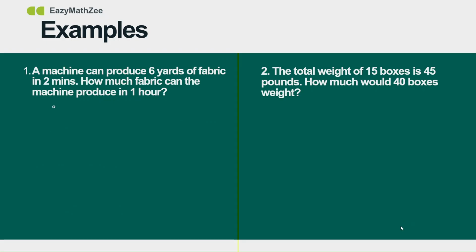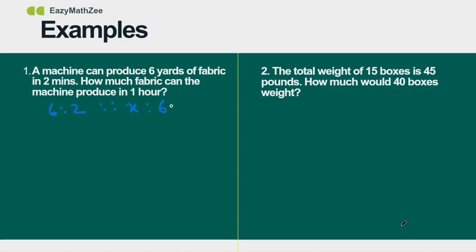Now I will show one example. A machine can produce 6 yards of fabric in 2 minutes. How much fabric can the machine produce in 1 hour? That means a machine can produce 6 is to 2, proportionate to the number which we don't know, we'll keep it as x, is to 1 hour.